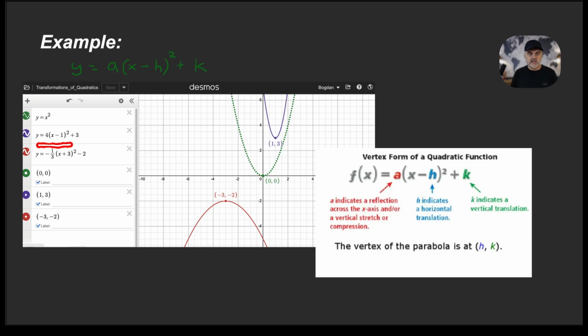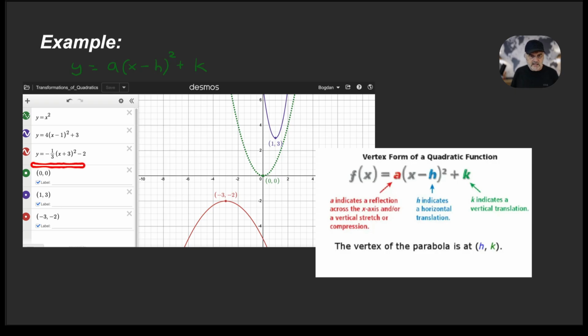Now we have 4 times, so that's going to be expressing the vertical stretch by a factor of 4, right? x minus 1 in the bracket causes the graph to be shifted 1 unit to the right, plus 3 units up. So from this point 0, 0, the new coordinates are 1 and 3. This is how the vertex is transformed.